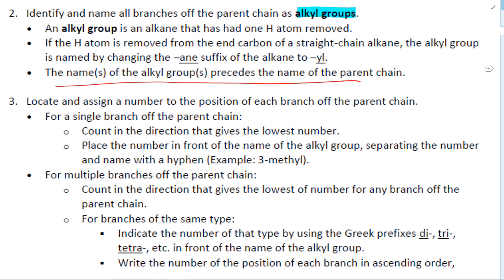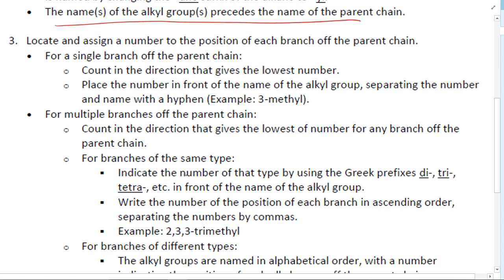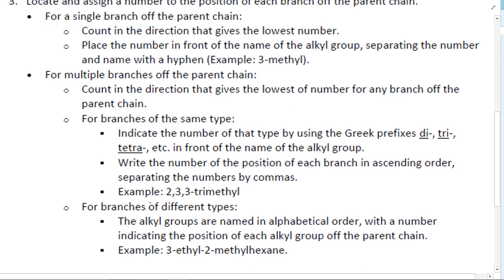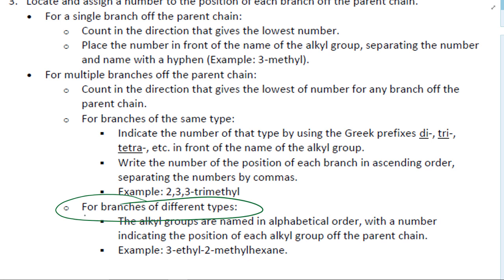So then what the rules tell us is this. We keep going down. If we have branches of the same type, we do this, but these aren't the same type. These are different types. So we come down to here, and it says if we have branches of different types, then the alkyl groups are named in alphabetical order, with a number indicating the position of each alkyl group off of the parent chain.